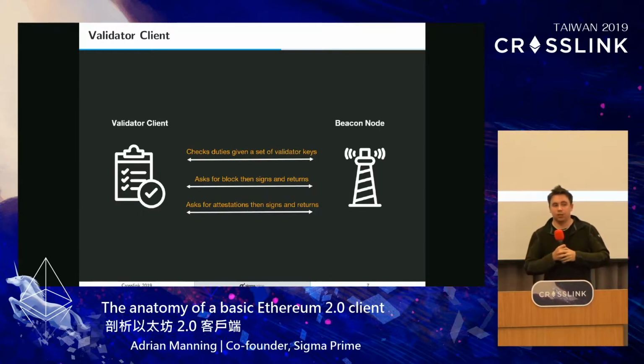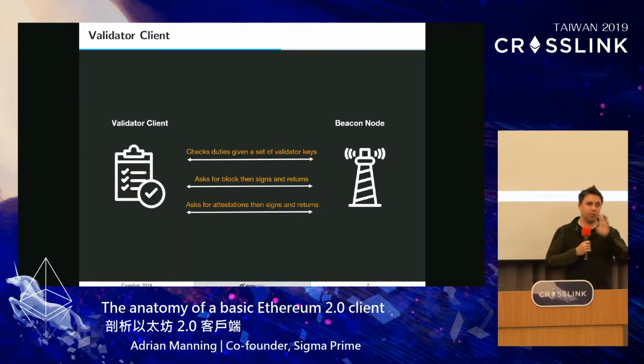Some important things that you should note is that, even though the validator clients and the beacon nodes are built across a number of different client implementations, the communication between them is standardized. So what that means is that if you have a favorite beacon node client and a favorite validator client, which are written by two different companies or in two different languages, they should be cross-compatible.